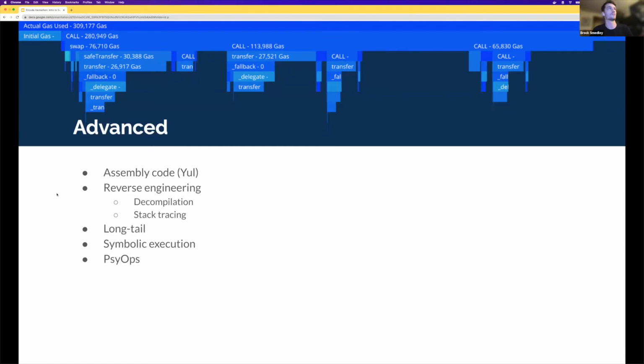For example, if you're dealing with a string in Solidity, when you read that string, it's going to read the entire string all the way through from beginning to end. But if you're in a scenario in which you only need 4 bytes from that string, then you can use assembly code to just read those 4 bytes and not unpack the rest of the string.